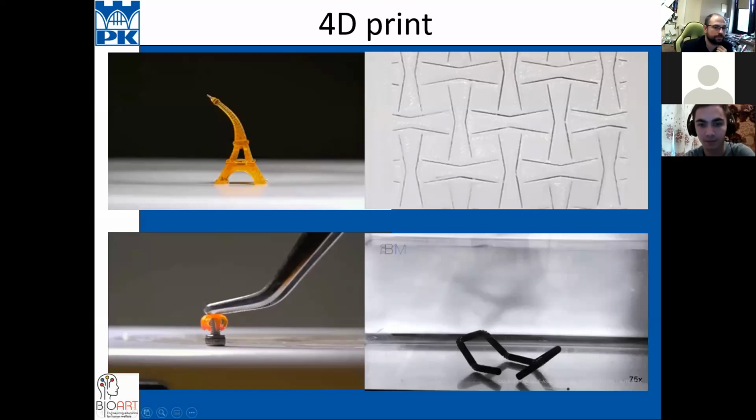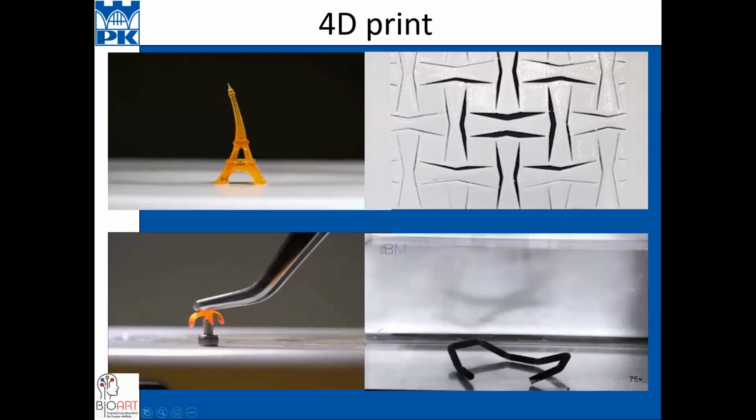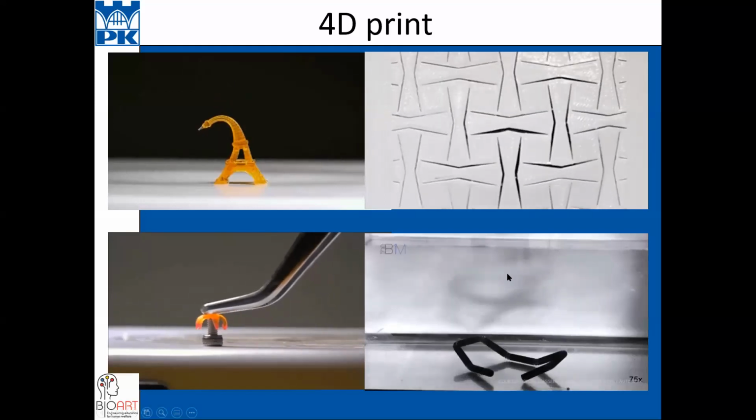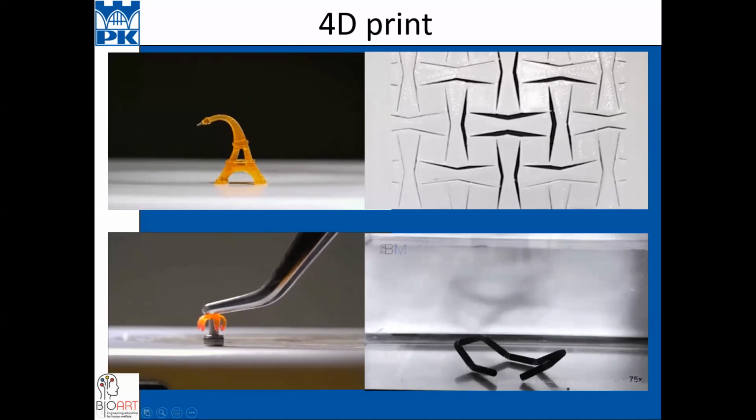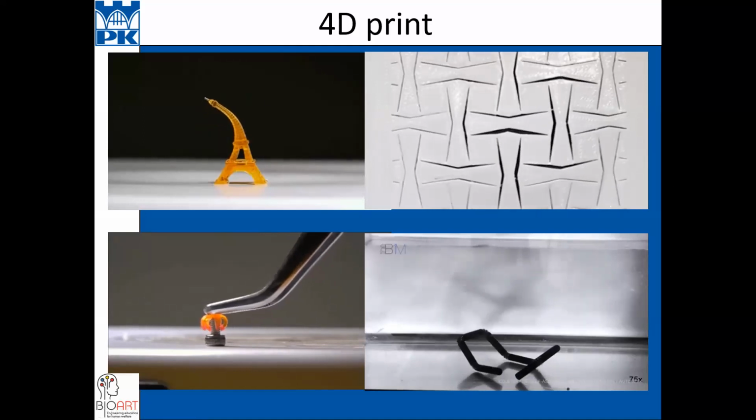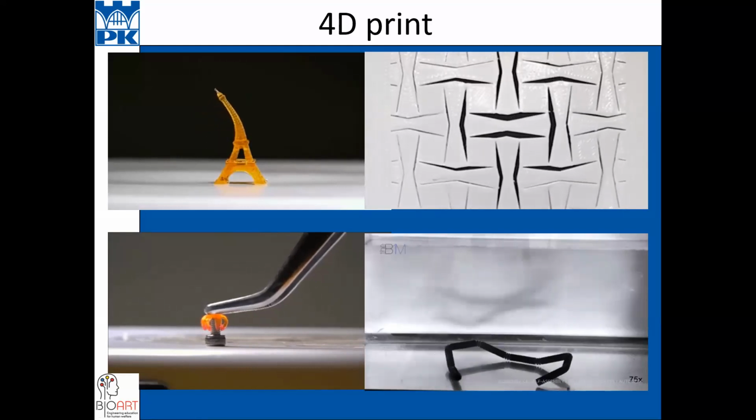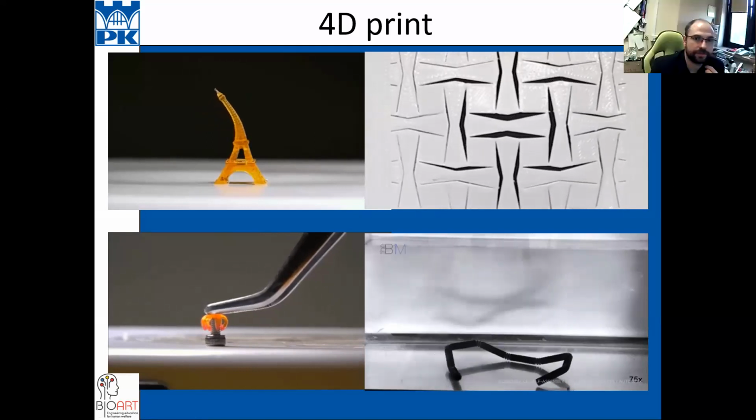Here you have some two prints made by... oh yeah, you see this? I think yes. You can see some prints made by resin, and its shape changes after printing.